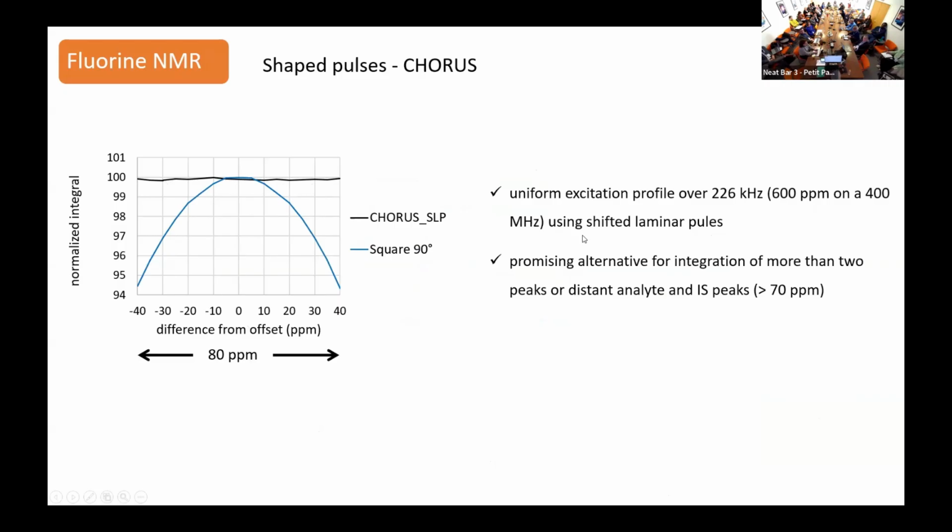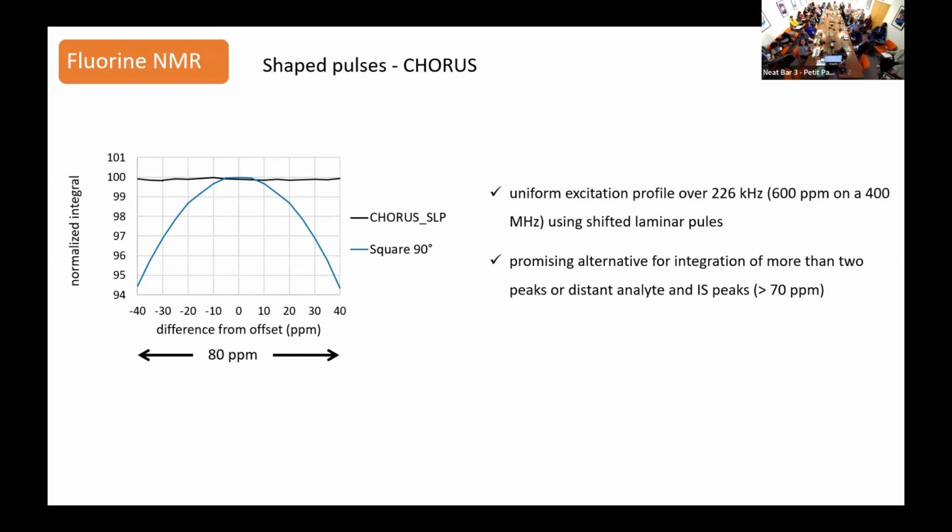So using this Chorus sequence, we got a very uniform excitation profile over 226 kilohertz, which was 600 ppm in our instrument. It's a promising alternative, particularly when you have to integrate more than 2 peaks.